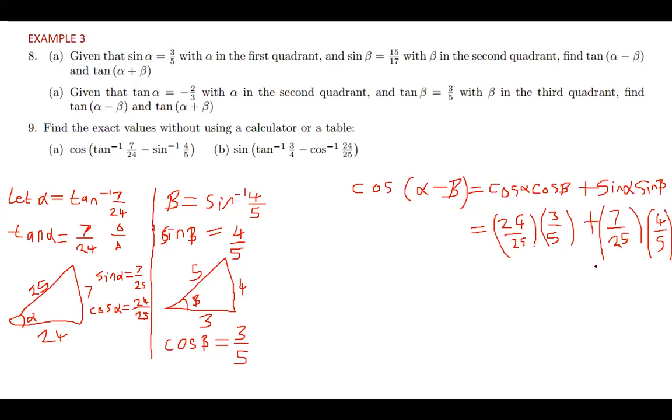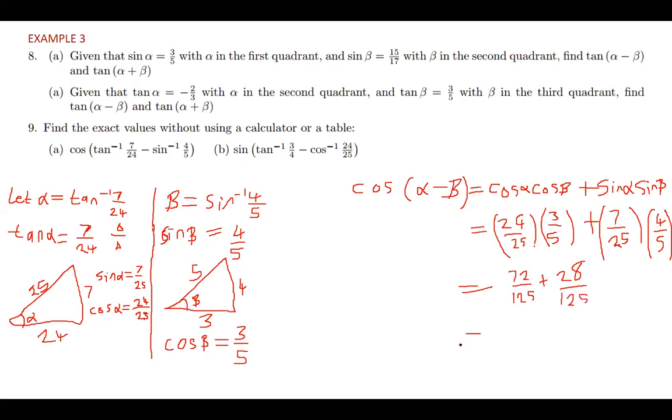So here what you are remaining with is simplifying this. You multiply 3 times 24, I think this is 72, over 5 times 25, you get 125. Then plus 7 times 4, you get your 28 there, over 5 times 25, you get 125.